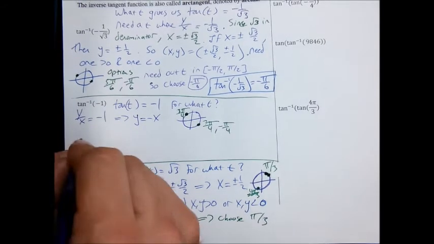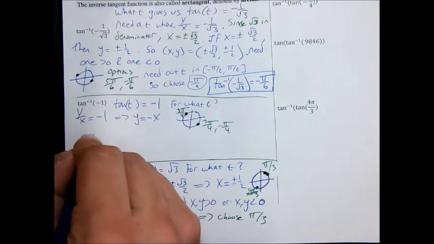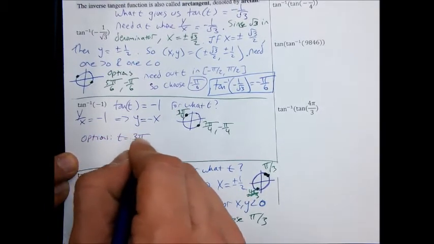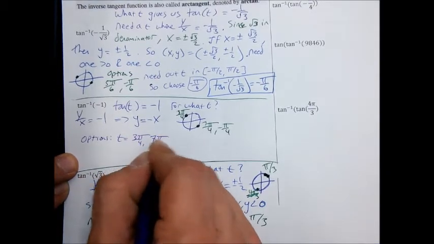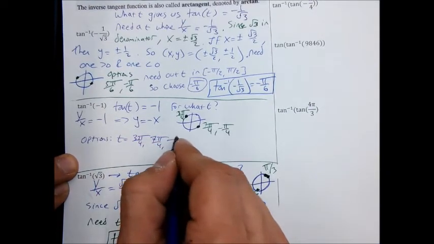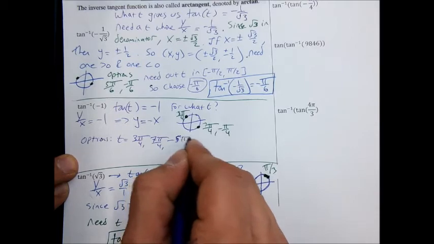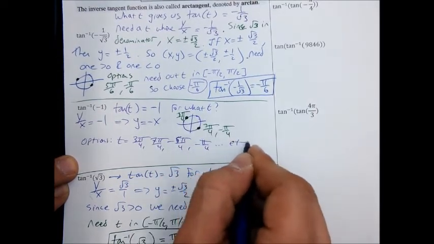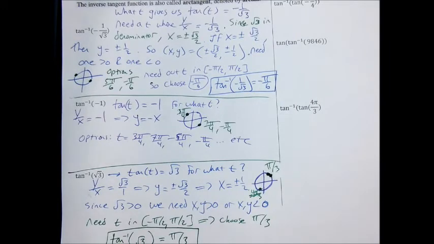So our options are t equals 3 pi over 4, or 7 pi over 4, or minus 5 pi over 4, or minus pi over 4, right? Dot, dot, dot, etc. There's lots of options. We want to pick the one that's between minus pi over 2 and pi over 2.